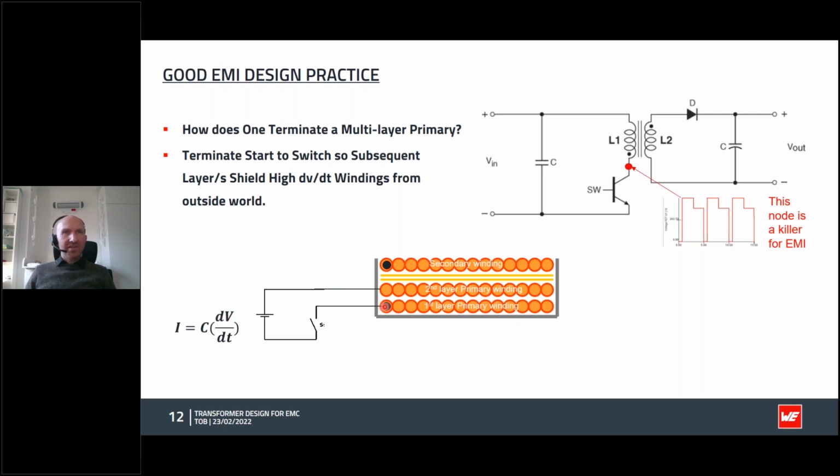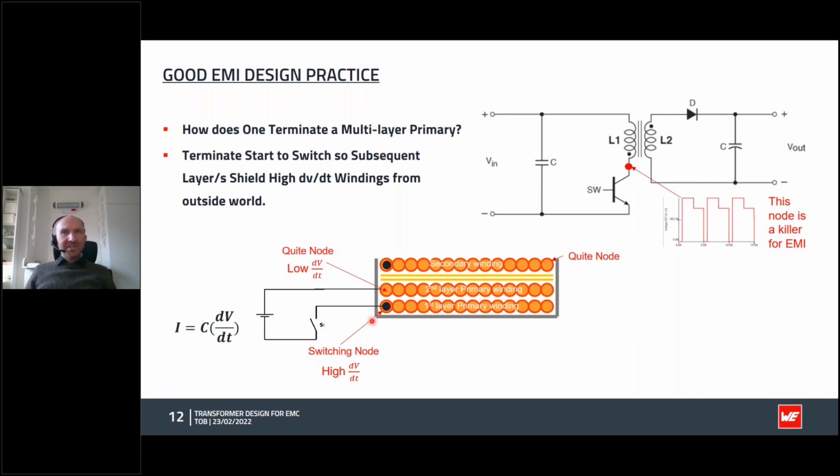So we can see on this point here we have a very high dV/dt, with the fast switching time and the high voltage change. But on this point here, which is our VBus, we have an almost constant voltage. So the dV/dt on this point is very, very low.